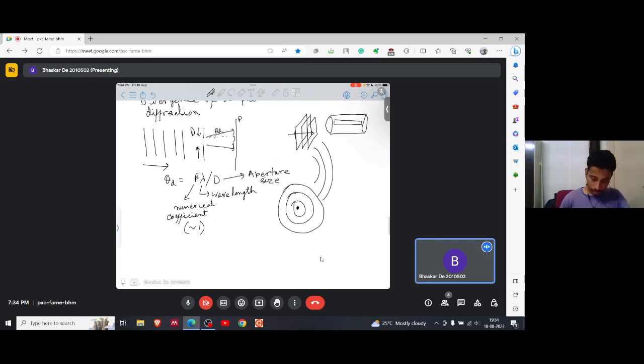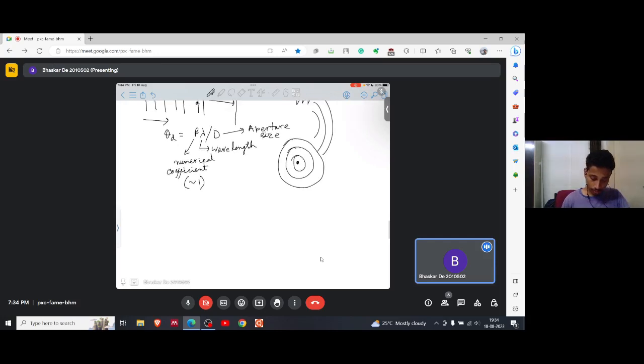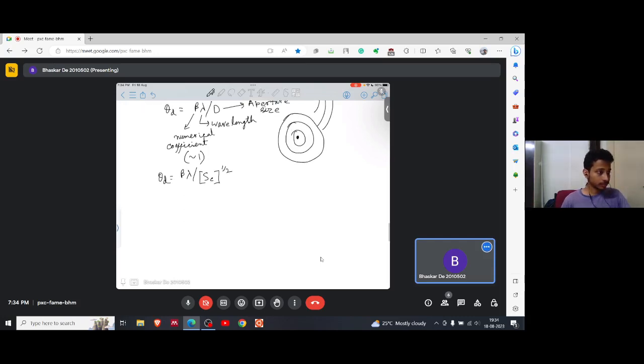Now again, this is related to the spatial coherence also. So this can be rewritten in the form beta (lambda by Sc) to the power half, where this Sc is known as the coherence area.